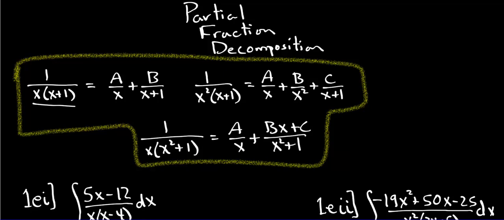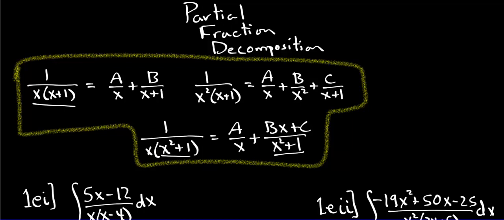If you have an x squared in there, you could have had an x in the denominator, so you have to make allowance for that. Now notice over here, we've got x squared plus 1. So we have a over x plus bx plus c. We have to make allowance for this combination down here, this x squared plus 1.